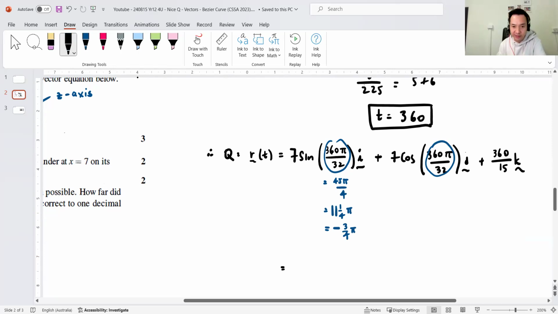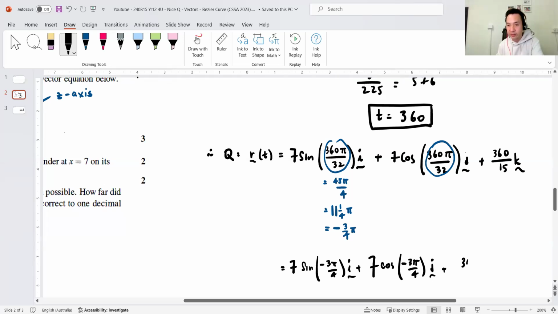So both sine and cos simplify down to 7 sine negative 3 pi on 4 i plus 7 cos negative 3 pi on 4 j, and then plus 360 on 15. What's 360 on 15? 24.